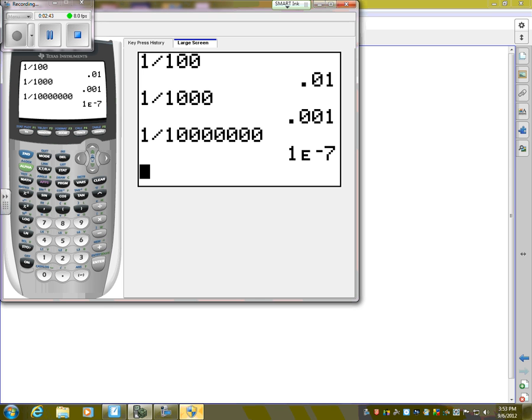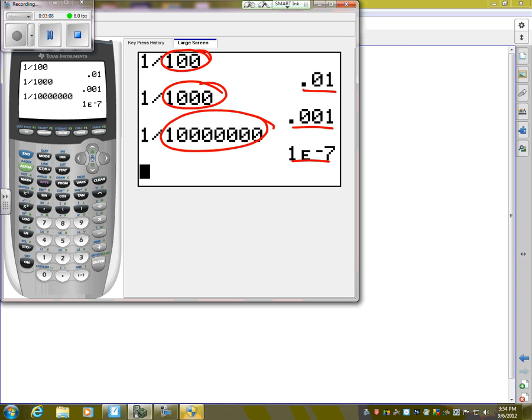Okay, now we've got 1 times 10 to the negative 7th. That's even a smaller number. So as we're doing 1 over increasingly larger numbers, our answers are turning out to be increasingly small. So as x is approaching infinity, as these numbers are getting big, the answers are actually getting very small. The answers are approaching 0.